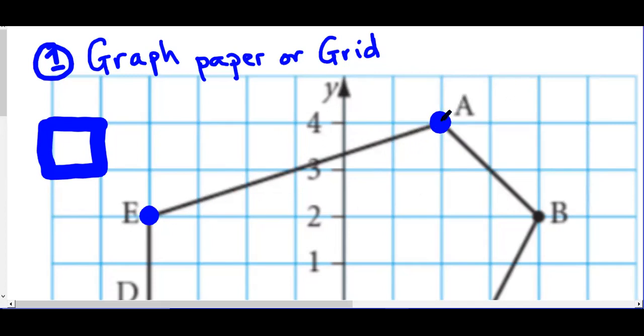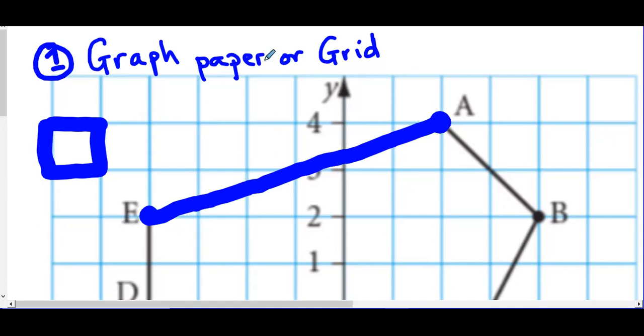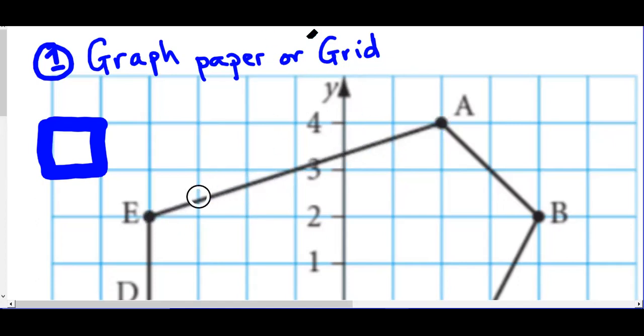I'm cutting the first box from here. The first box, 1, 2, 3 boxes, 4 boxes, 5 boxes, 6 boxes. So as I move from A to E, I'm cutting 6 boxes.